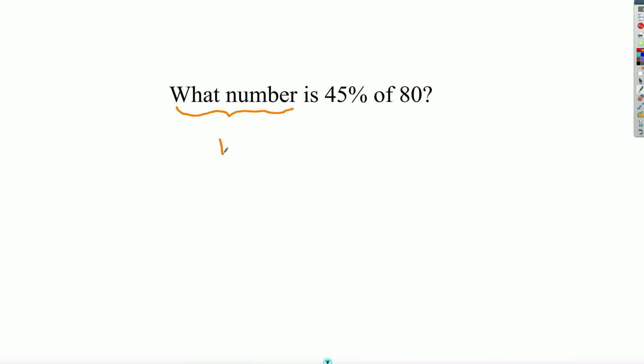What number, we'll call it N, is 45%, so 0.45, of means I'm going to multiply, of means multiply. So what number is 45% of 80?